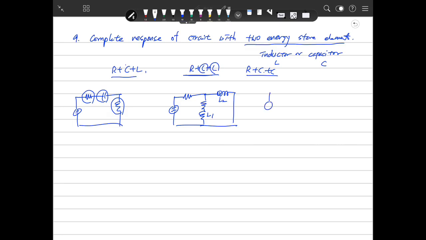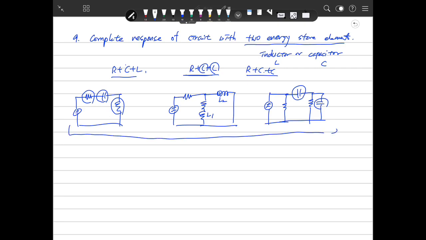Or the voltage source, resistor, capacitor, and resistor and capacitor in this way. There are two capacitors. These are the two energy storage elements. All of these kinds of circuits have two energy storage elements.